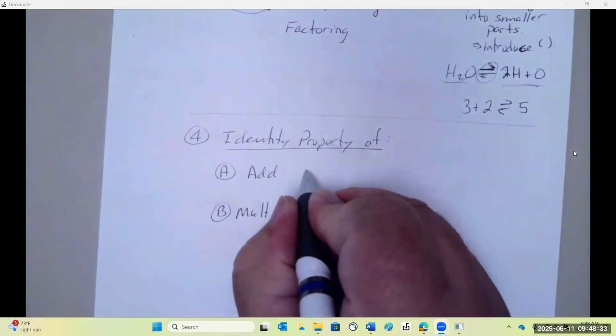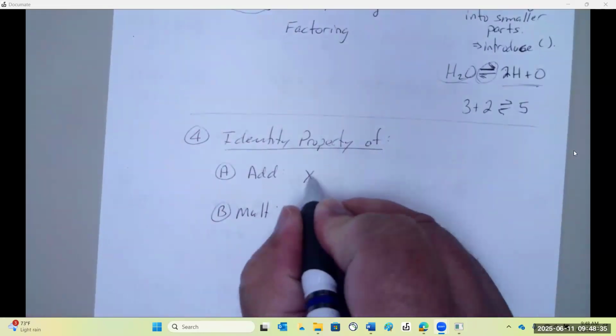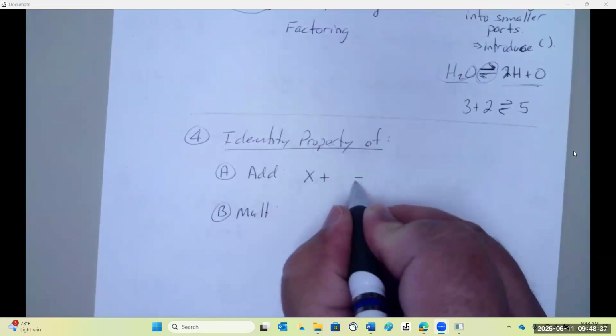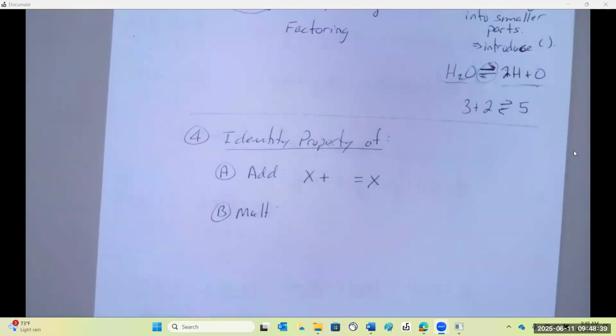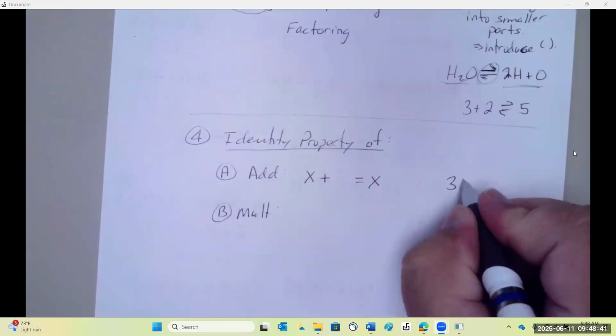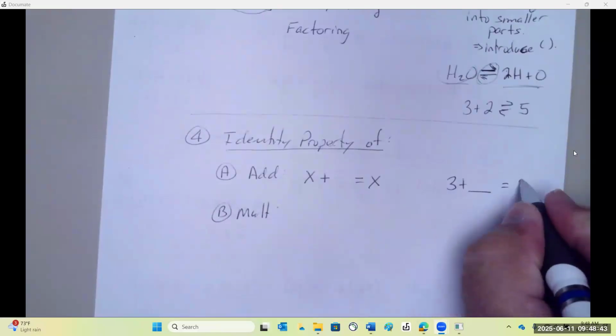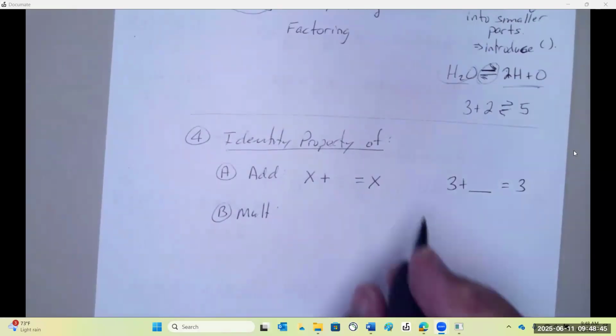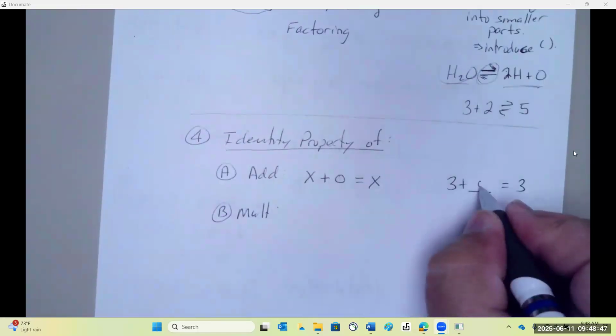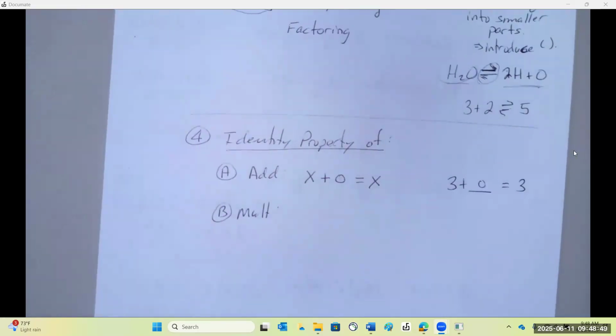So what times x, or what x plus what will give me x? Or 3 plus what gives me 3? 0. That's the identity. So if I add 0 to anything, I don't change it.